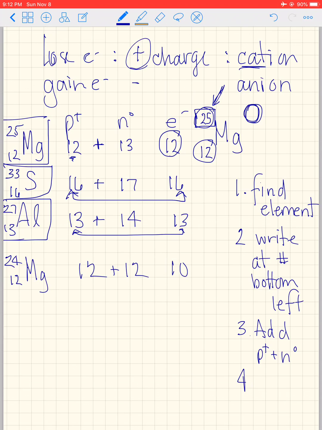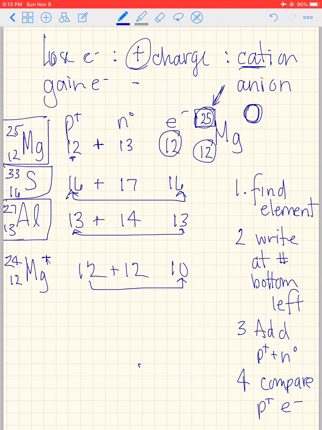Now the last thing I'm going to do is I'm going to compare my protons and my electrons. In this case, I have more protons than electrons. In other words, I have more positive charges than I have negative charges. So I know that my ion is going to be a positive ion.